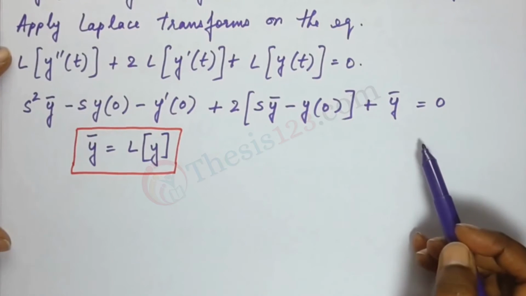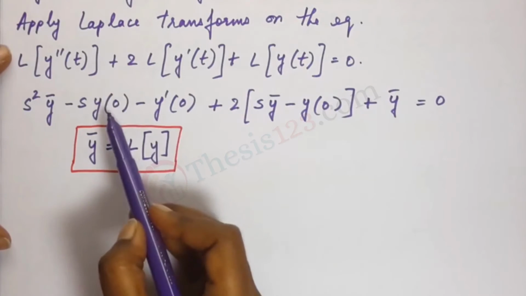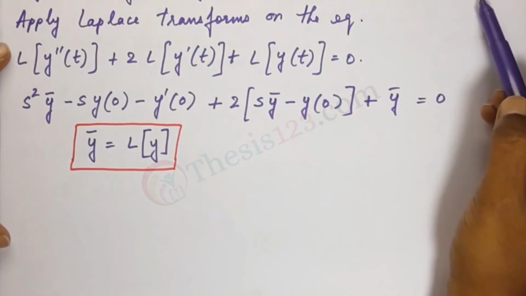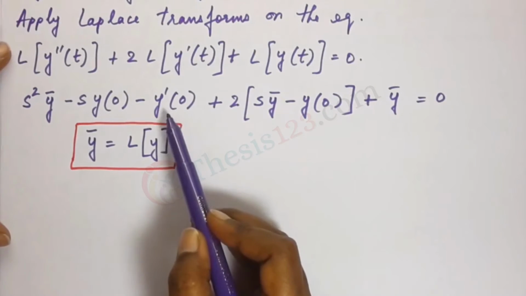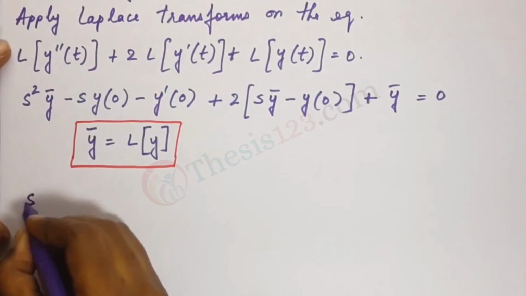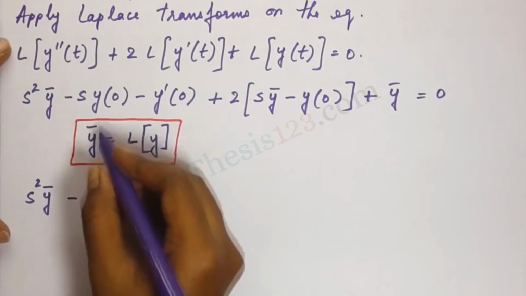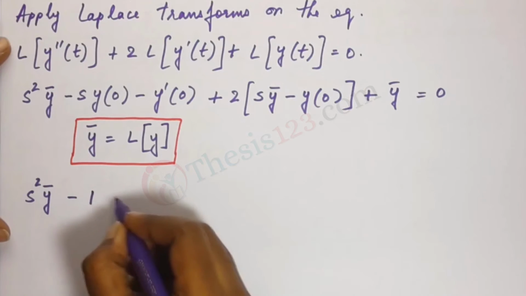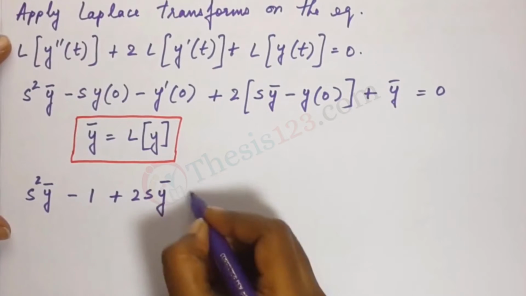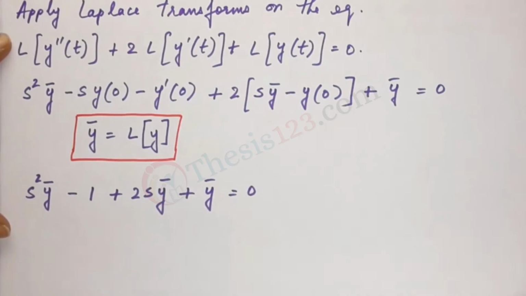Now that we have all of this, let's substitute the initial conditions given to us. Y of 0 is 0, so the y of 0 terms become 0. Y dash of 0 is equal to 1, so that term becomes 1. So let's substitute: s square y bar minus 0 minus 1 plus 2s y bar minus 0 plus y bar is equal to 0.